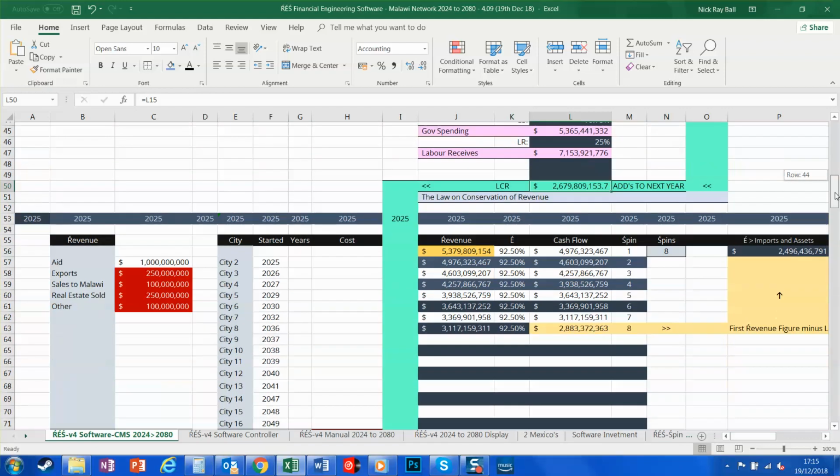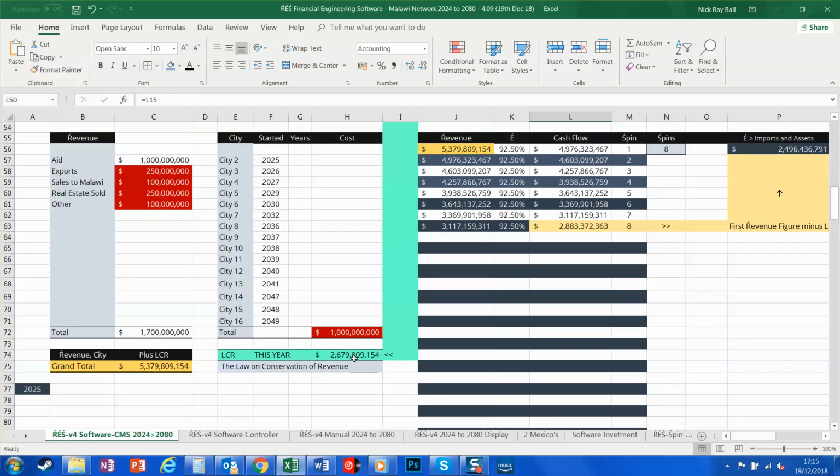And the next year it ends up being there, where after this is this plus this plus this equals this. Okay, and after that, this gold figure here goes up to here.